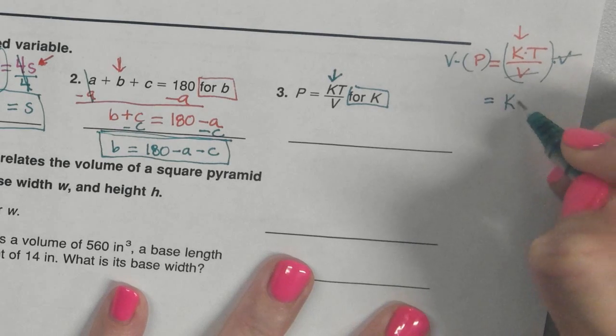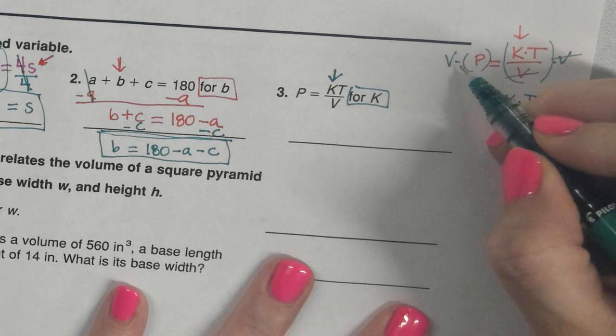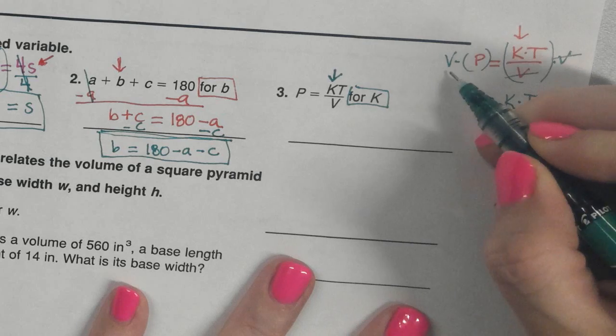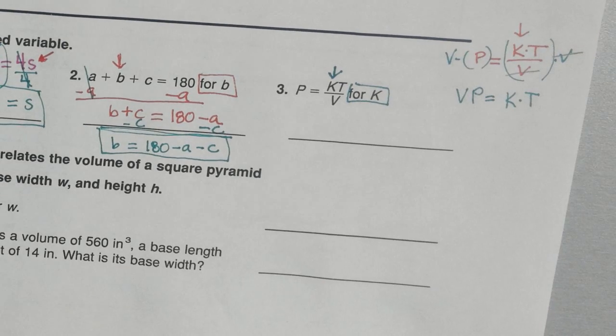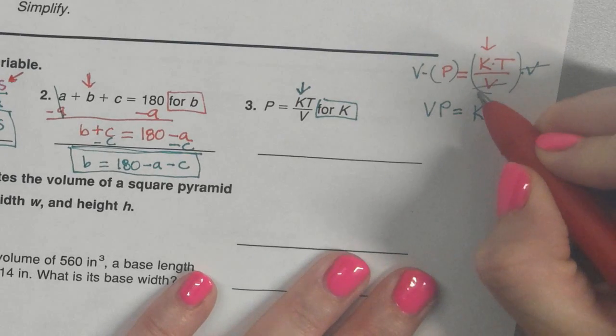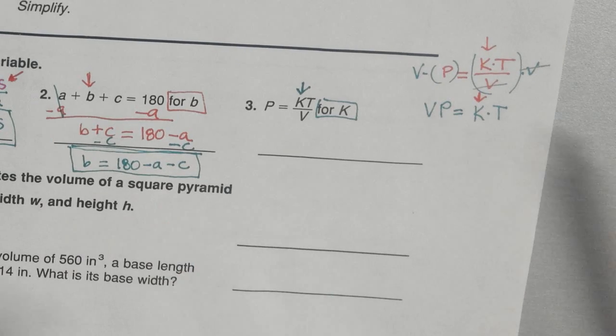So you have k times t, and then v times p. Whenever you have multiplication, you can write it like this: VP. Okay, and then there's one more step. Remember, you're solving for k. I want you to see if you can do that last step. And then write your equation.